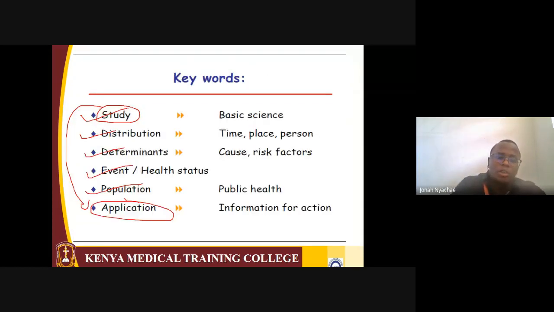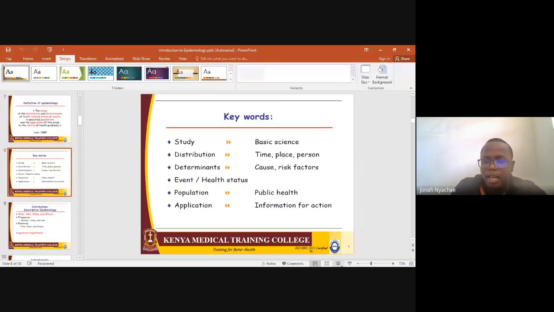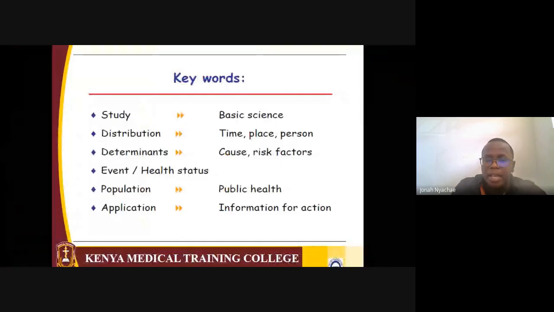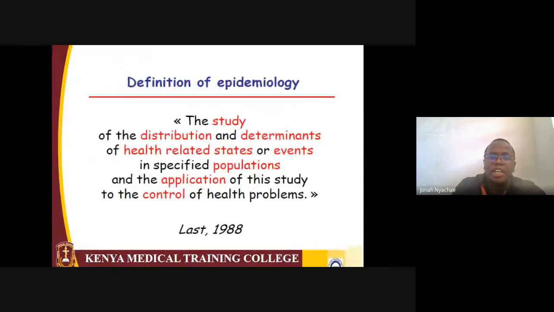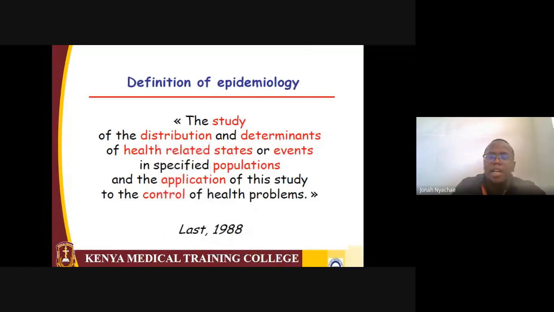So, in our definition, we have distribution and determinants. Maybe you are asking yourself, when we are talking about distribution and determinants, what do we mean? It must be ringing a bell, since distribution is featuring so highly in our definition.